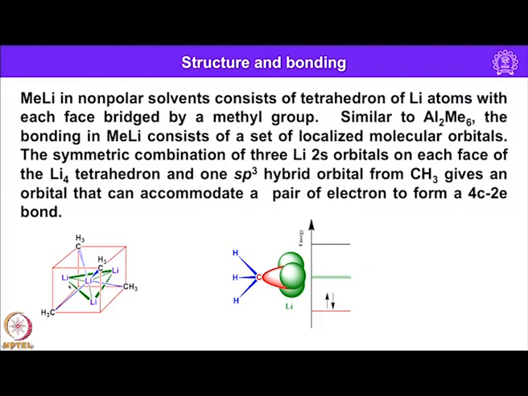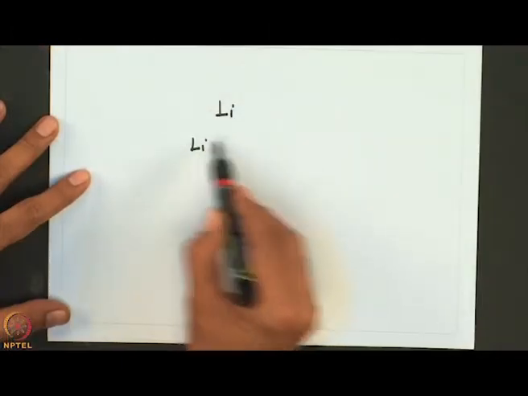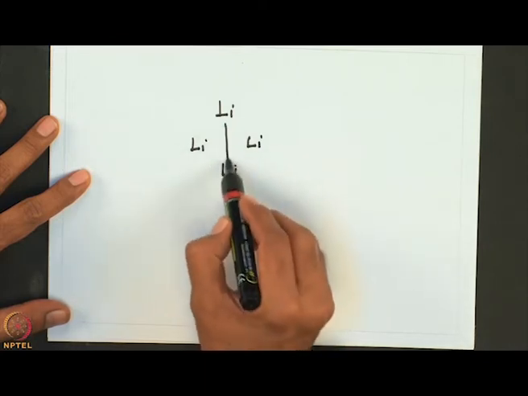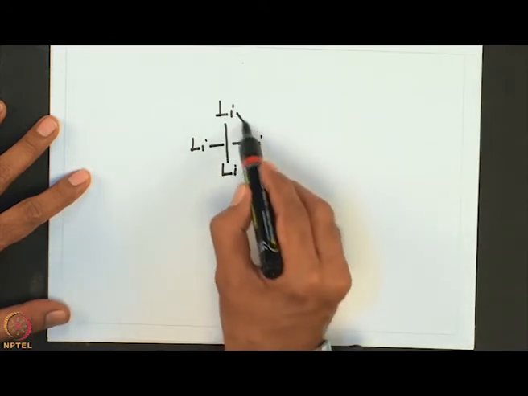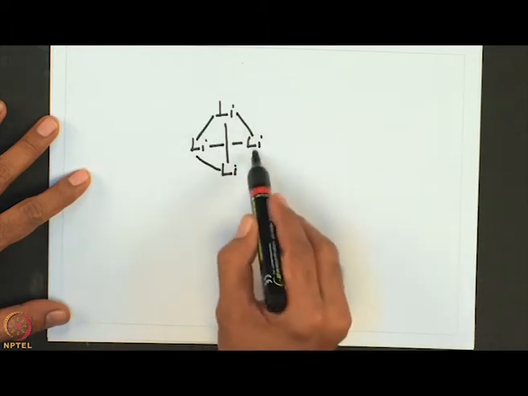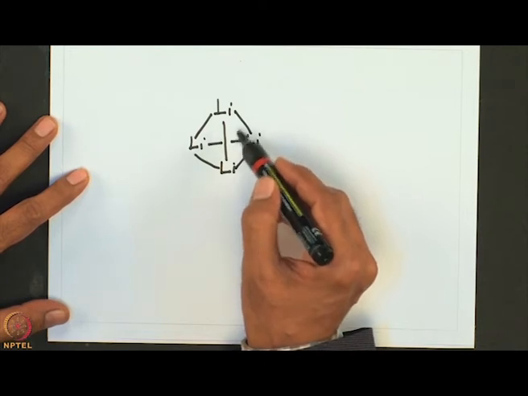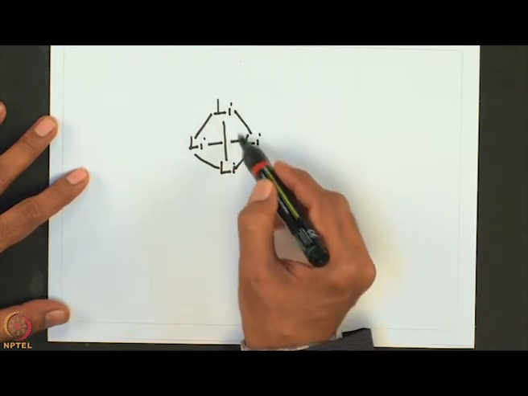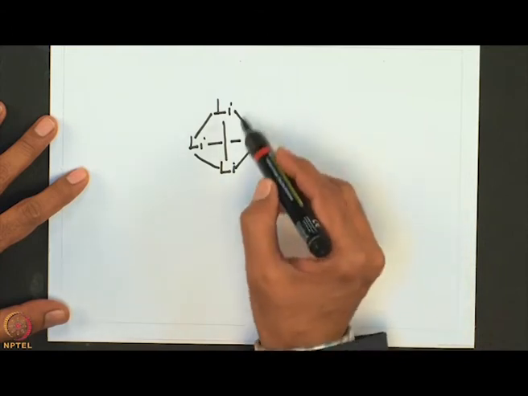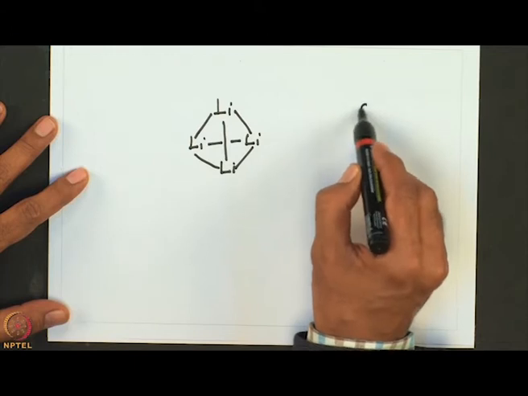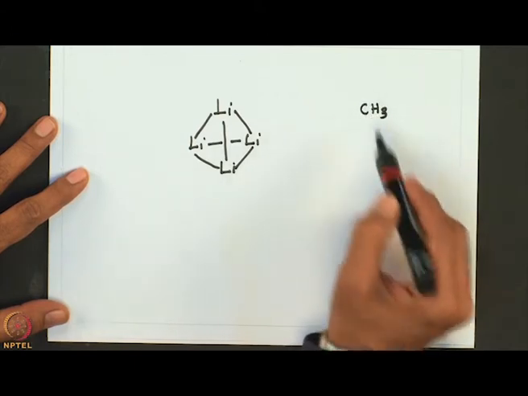Let me just consider a tetrahedron of lithium atoms here. So now we have 4 equilateral triangle faces, each consisting of 3 lithium atoms.